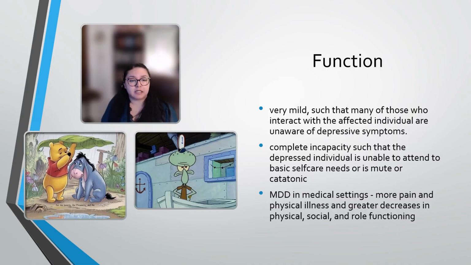That's where you get the term high functioning, though that's not in the DSM. Complete incapacity, such that depressed individuals are unable to attend to basic self-care needs, or they're mute or catatonic, which catatonia is a severe experience.